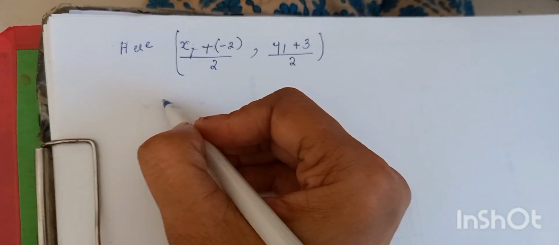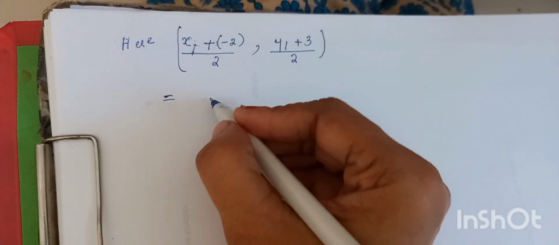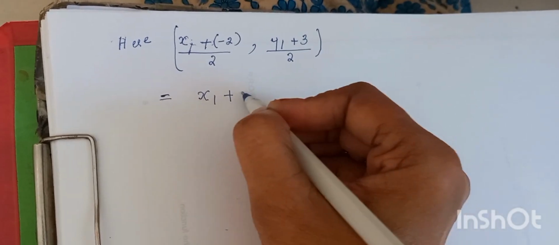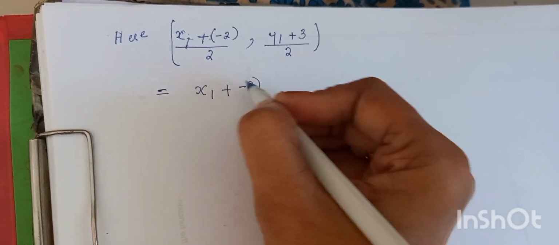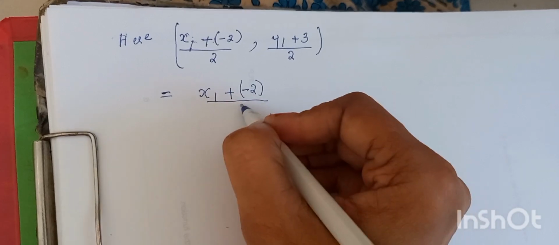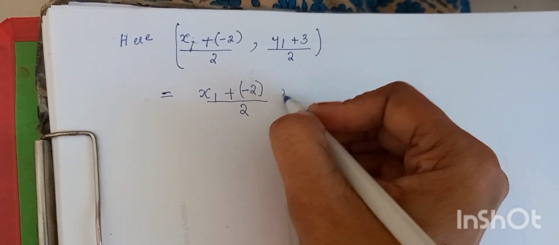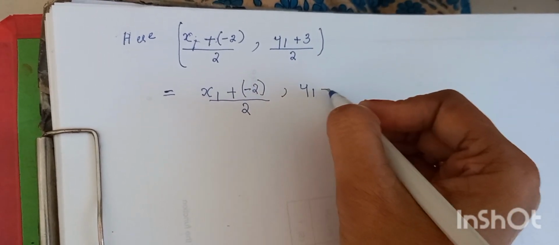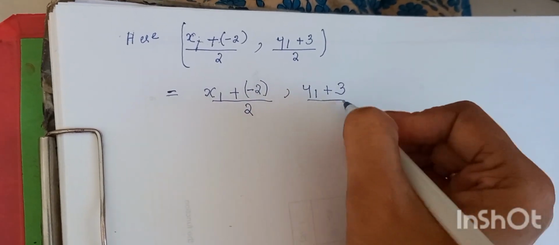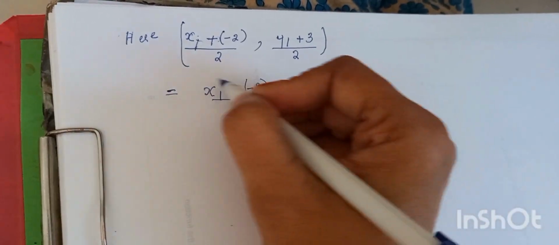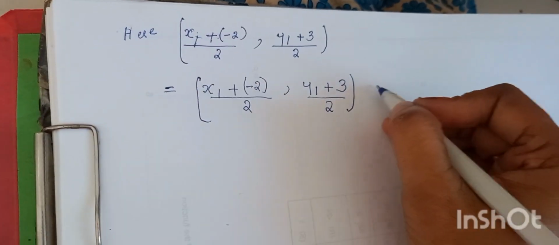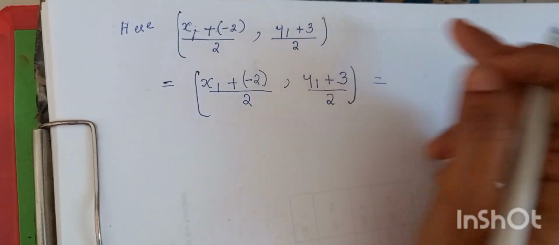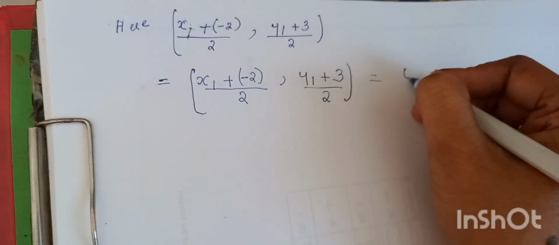So we get like this: x plus minus 2 by 2 comma y plus 3 by 2 is equal to, what is coordinates of O? We already found that it is (0, 1).